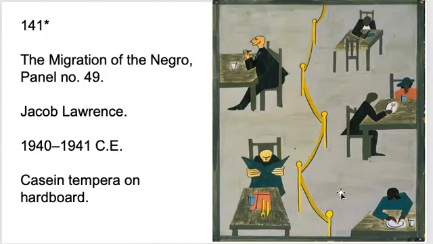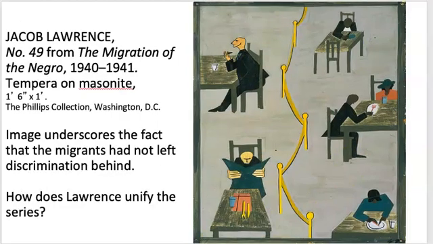I really love Jacob Lawrence's compositions because the images are going off of the picture plane, so it gives us the idea that there's even more space. This image underscores the fact that migrants had not left discrimination behind. It was just a different kind of discrimination.